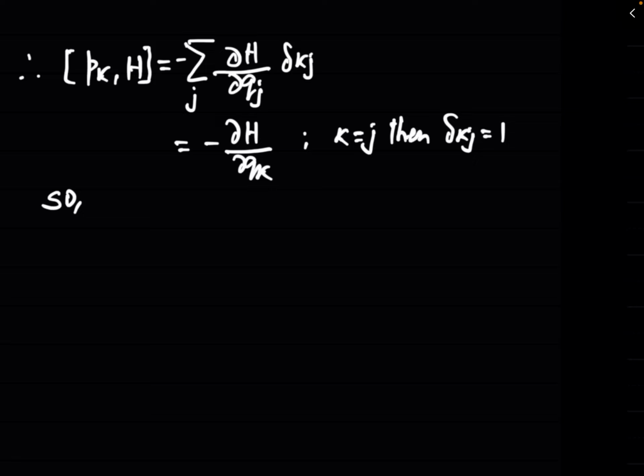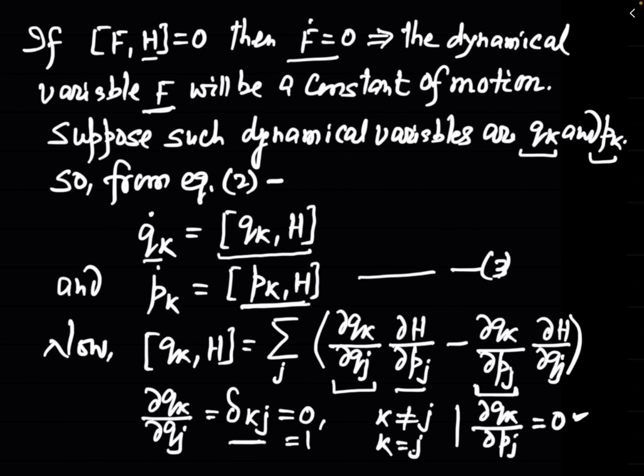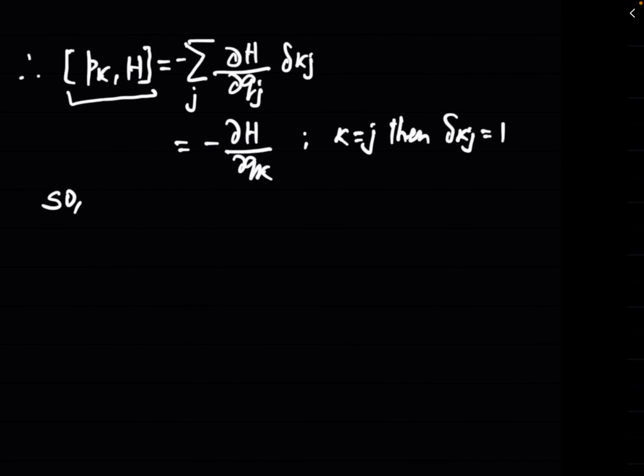And so since the Poisson bracket of pk and h is equal to pk dot, you may now write this result in this way: pk dot is equal to minus del h by del qk.